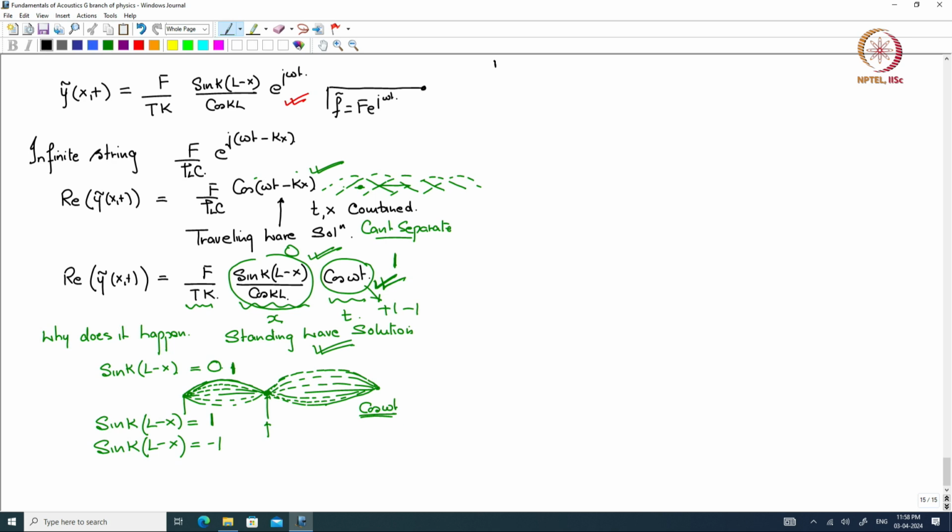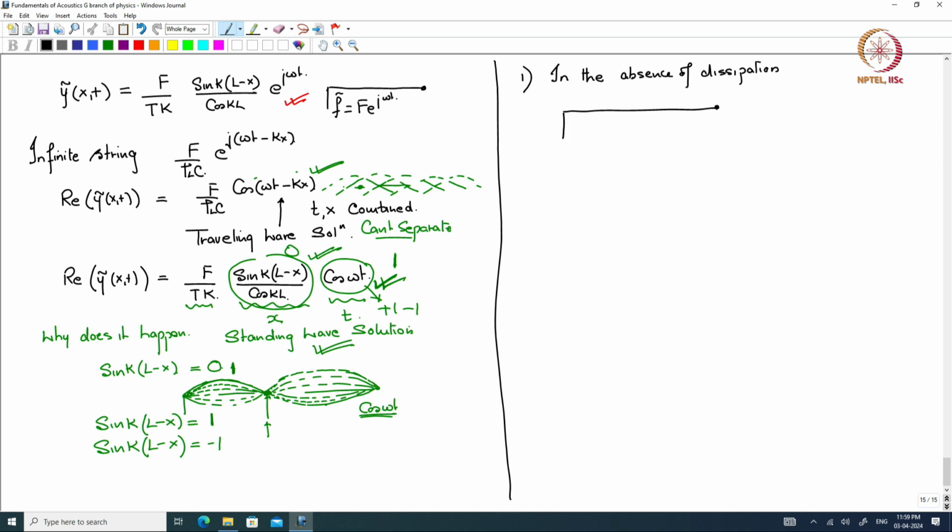Now, there is a lot that we can see from here. One reason is that in the absence of dissipation, the disturbance due to the forcing moves at a certain amplitude, and it comes to the fixed point and gets reflected with the same amplitude.